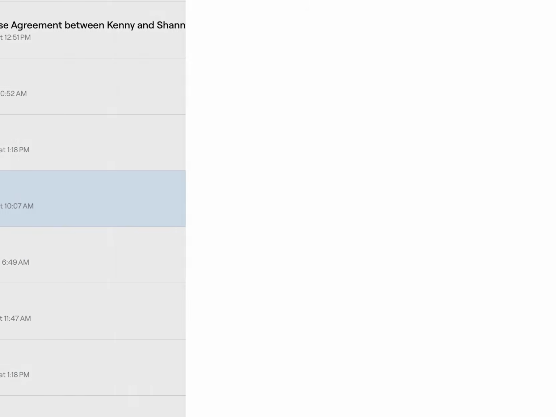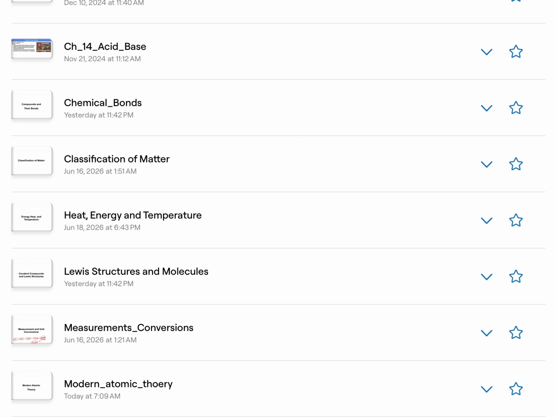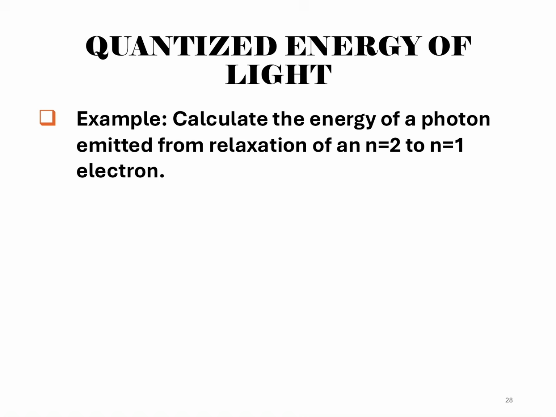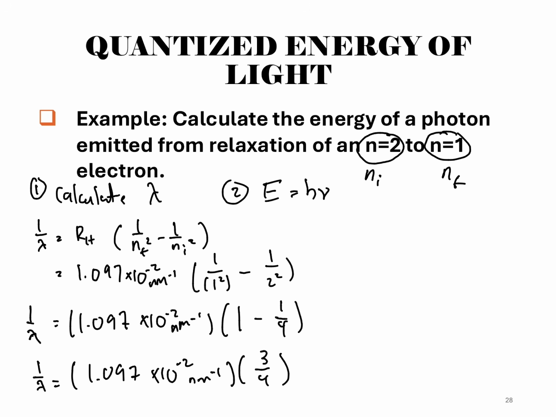Okay, so the Rydberg constant times this gives us a value for 1 over lambda equal to 8.230 times 10 to the minus 2 nanometers inverse.